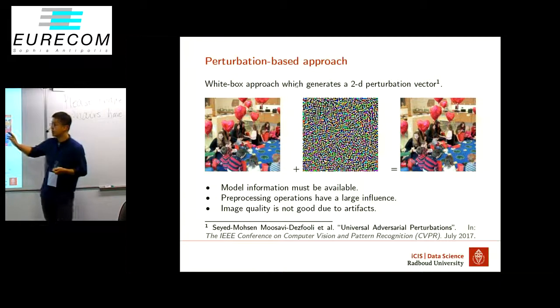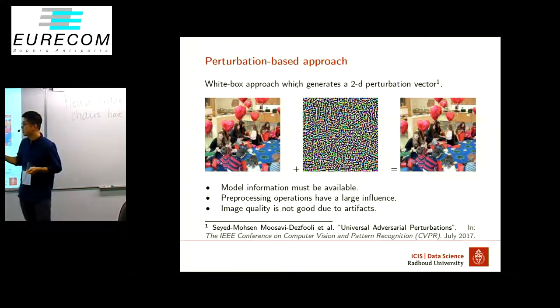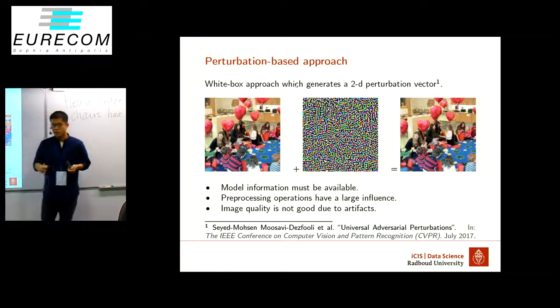After adding this vector to the original image, we get one perturbed image. You cannot see it very clearly here, but if you zoom in, you will see some artifacts on the image. Generally, this technique works quite well, but it has some drawbacks.